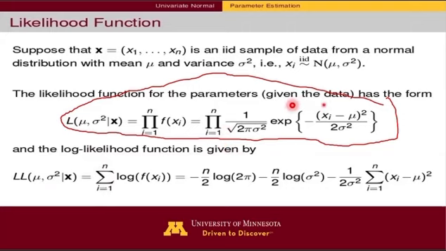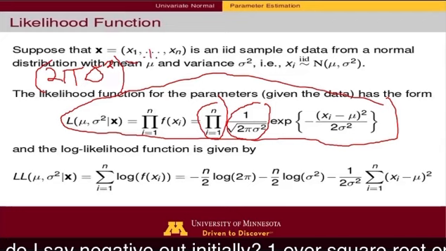When you introduce a log, let me tell you something. If I want to rewrite this, because of the square root, the whole of this is going to become 2 pi sigma squared raised to power negative half.